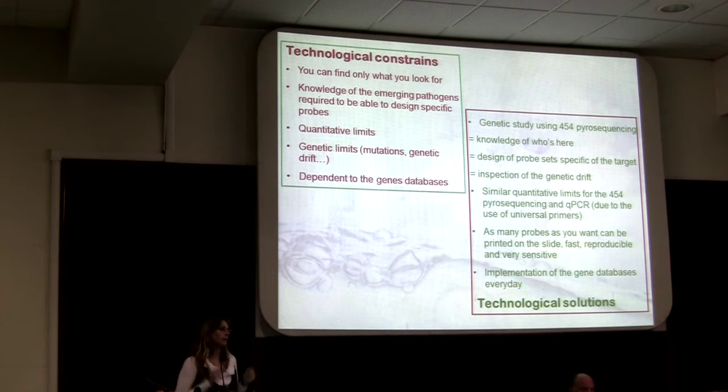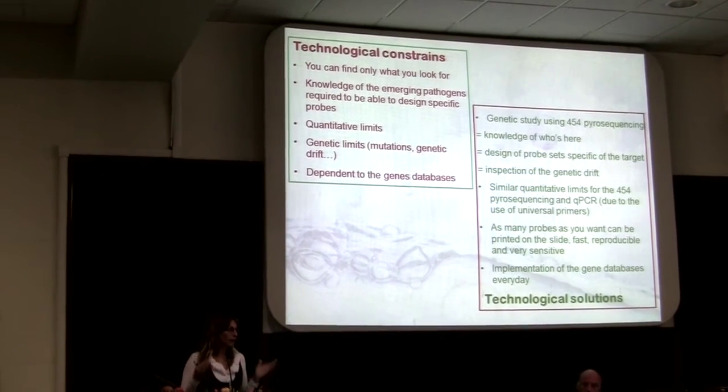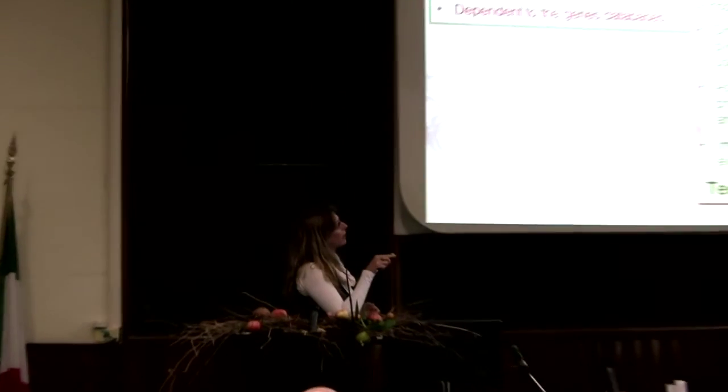But there are some solutions to all these issues. What we usually do when designing a microarray is check it with biosequencing, because biosequencing can generate a lot of data. Then you are able to check who's there, and whether the genetic base of your microarray is well done. Then you can design your probe set with this data in a better, more efficient way.